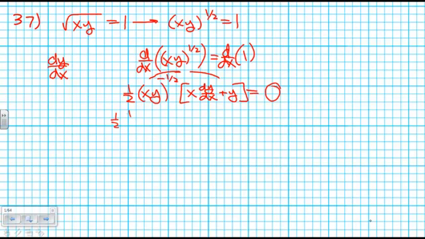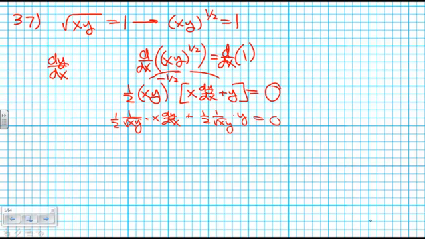I think I'm going to write it as times 1 over root xy. Yeah, that's pretty good. Multiplied by x dy/dx, and also distribute that through to the other term, and I get 1/2 times 1 over root xy times y is equal to 0.